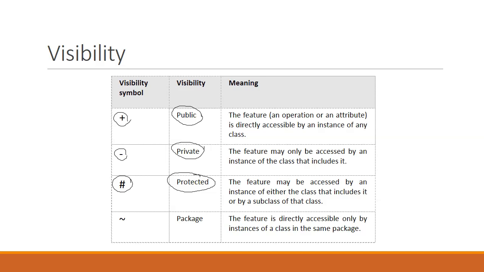Finally, there is a fourth type of visibility called package visibility, which is denoted by the tilde symbol. And in fact, if you do not put any visibility symbol in your class diagram in UML, then by default, it is assumed that that property is of package visibility. What package visibility means is that this feature is directly accessible only by instances of a class in the same package.